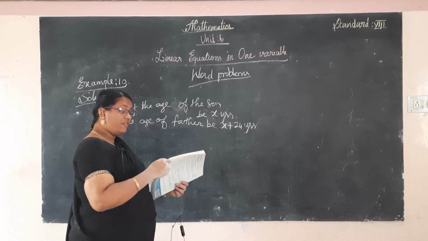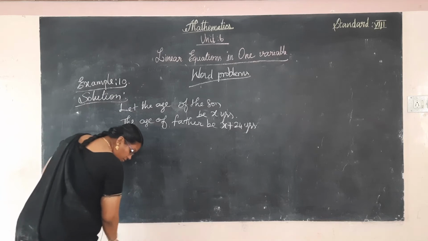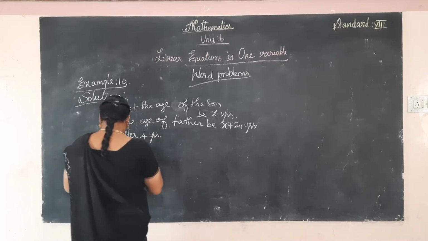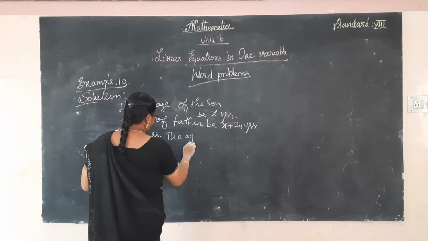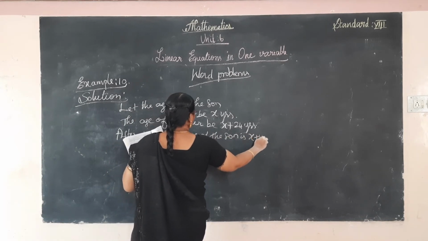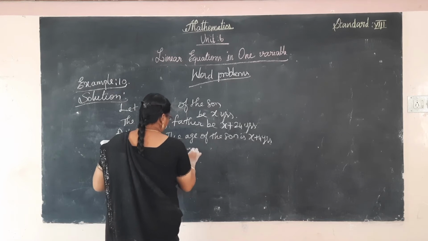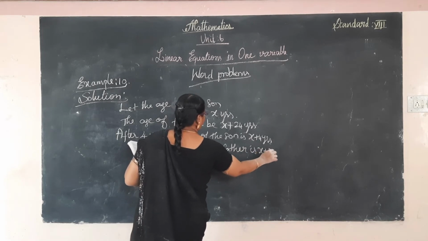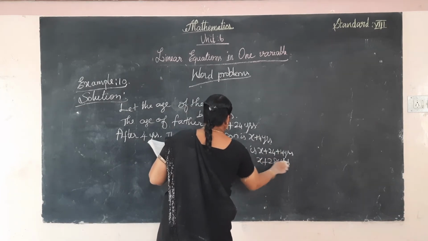So after 4 years, the age of the son is x plus 4 years, and the age of the father is x plus 24 plus 4 years, so x plus 28 years.